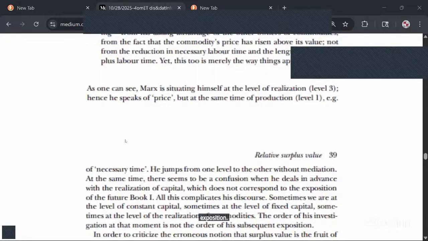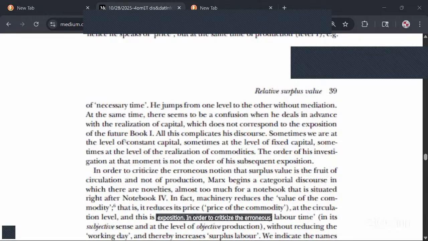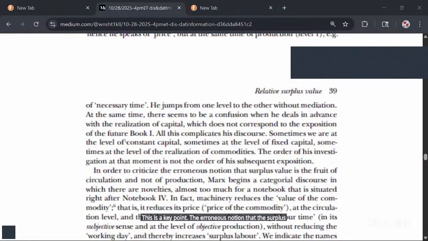In order to criticize the erroneous notion that surplus value is the fruit of circulation and not of production, this is a key point, Marx begins a categorical discourse in which there are novelties. Almost too much for a notebook that is situated right after notebook 4. In fact, machinery reduces the value of the commodity.